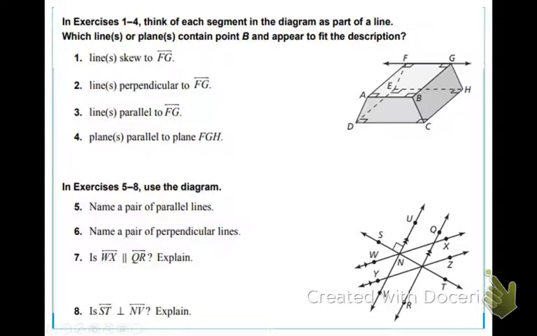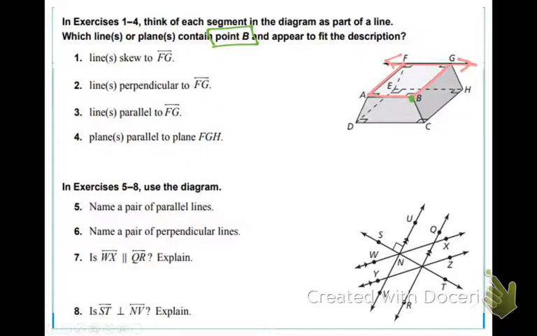We're looking for a skew line with FG. Do the directions specify a point that needs to be in the answer? We sure about that? Point B. So we need a line that is skew and includes point B. Since we can't have lines that are coplanar, we could find what planes FG is a part of. FG is a part of the top. Do we agree? Yes. Okay, so we can't name any of these lines.